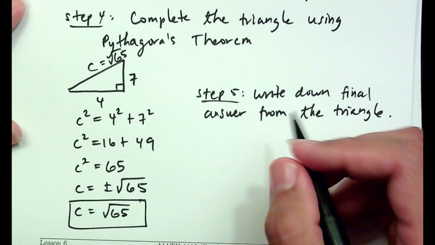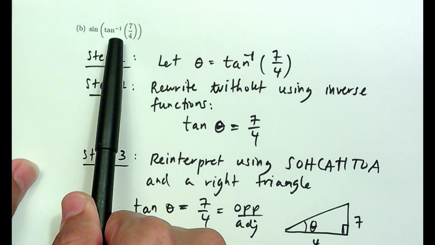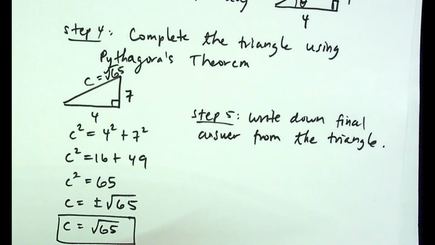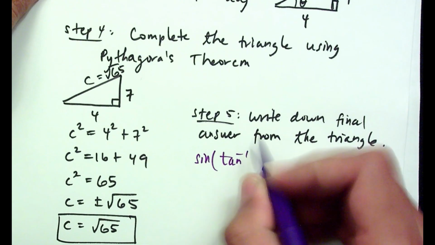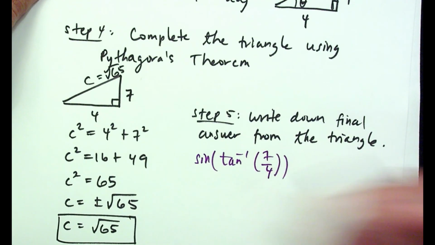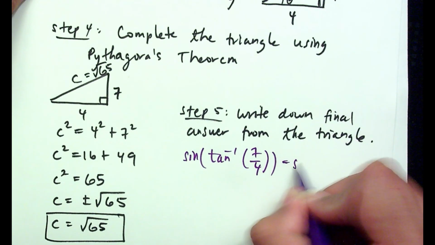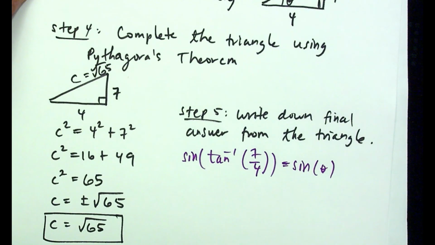Well, what was the original question? The original question was, what is sine of tangent inverse of 7/4? We call it inside theta, so the question is, what is sine of theta?